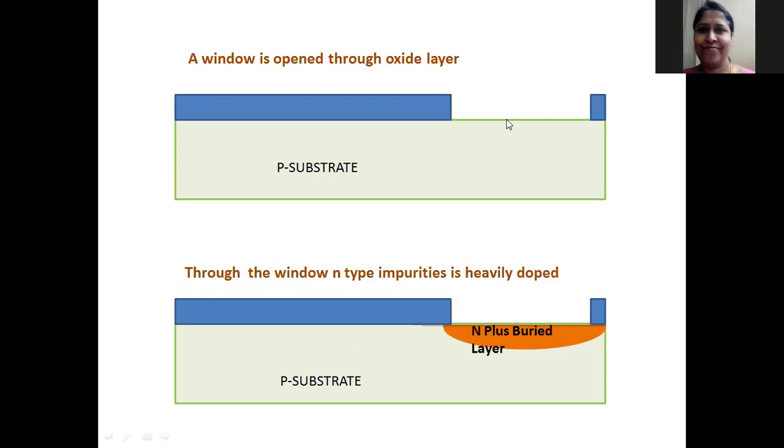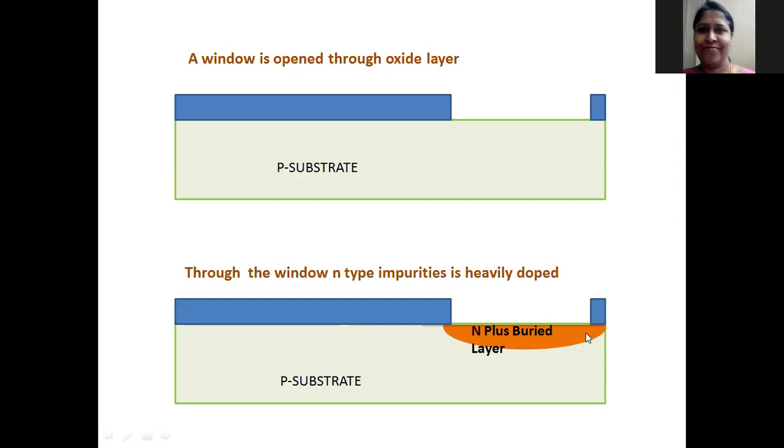Next, with the help of a mask and photolithography process and chemical etching, we should remove oxide layer from this portion, and a window is created. The P substrate is exposed in this portion. So next, what we have to do is we have to grow N-type impurities in this portion.